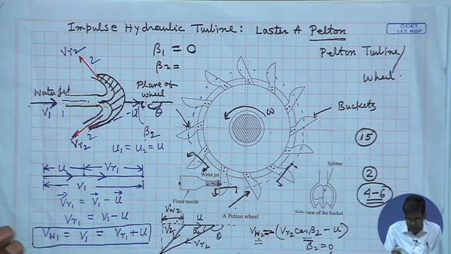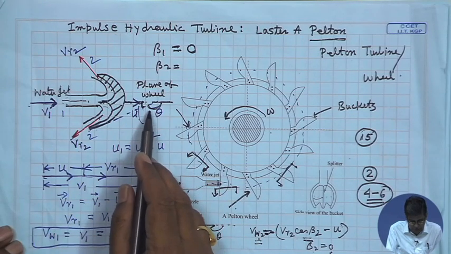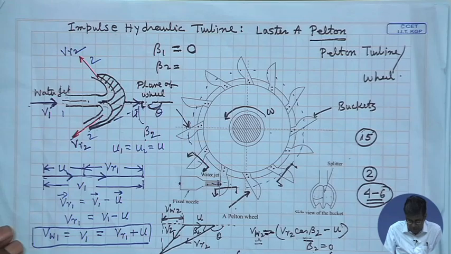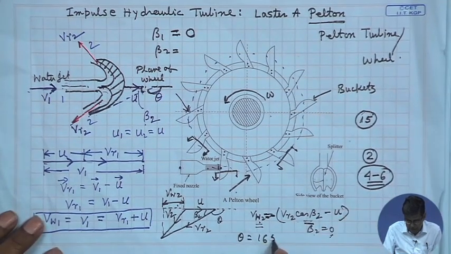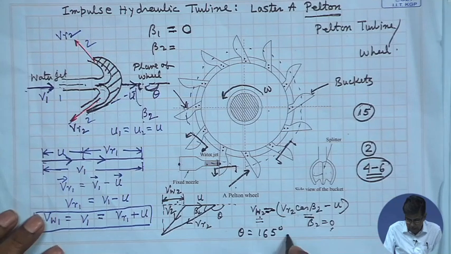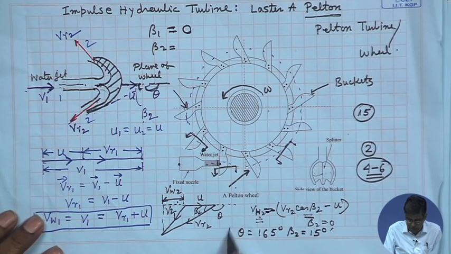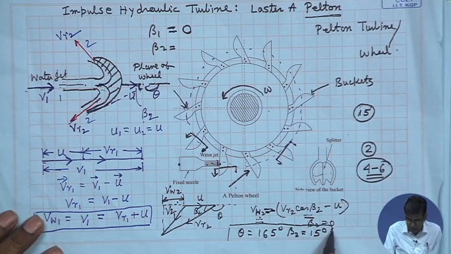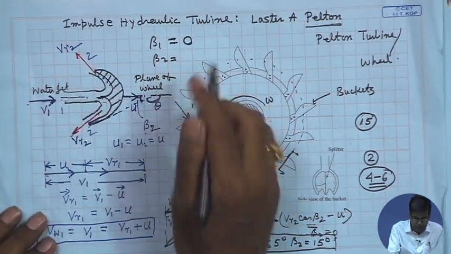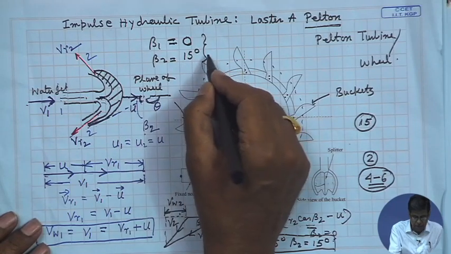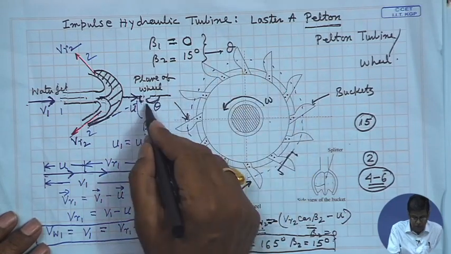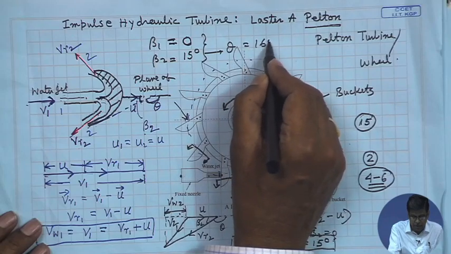For these reasons, the 180 degree angle is not made for theta, and theta is made equal to 165 degree, and hence beta 2 is 15 degree. So, this is the recommended blade angle at outlet, where the recommended blade angle at inlet is 0. So, therefore, we can write here 15 degree. That means, this corresponds to theta, if you define theta this way, 165 degree.